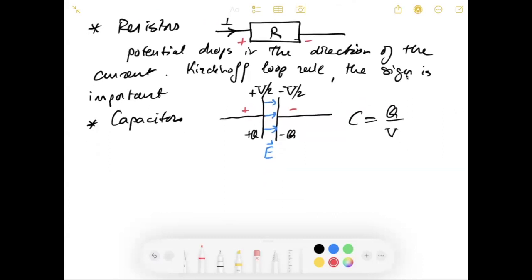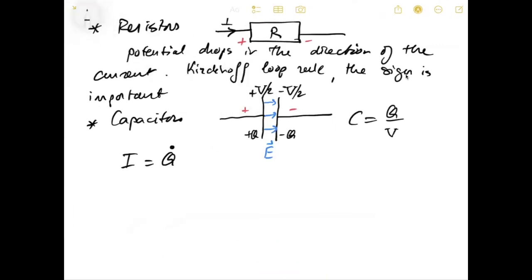Now, when we use this in an AC circuit, we use the relation that I is Q dot. Okay, what does that mean? Well, if Q dot is positive, that means that we're charging the capacitor.